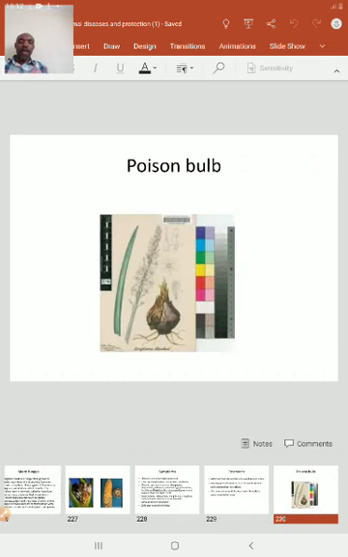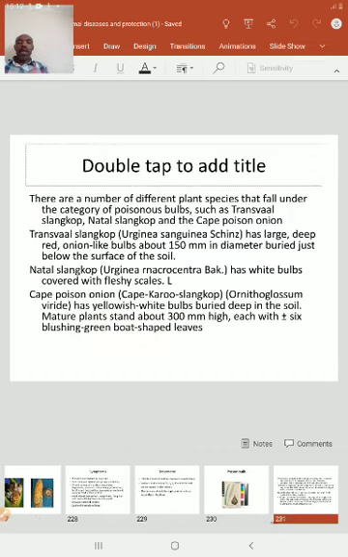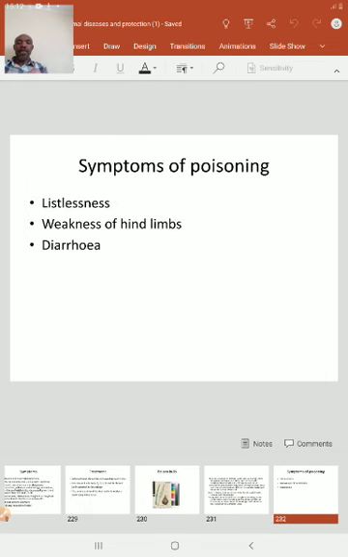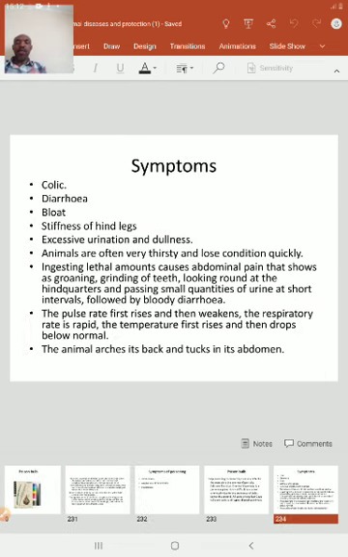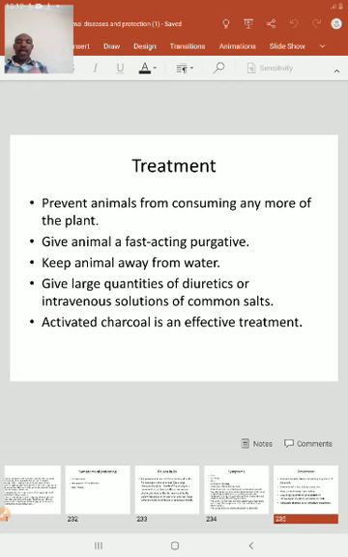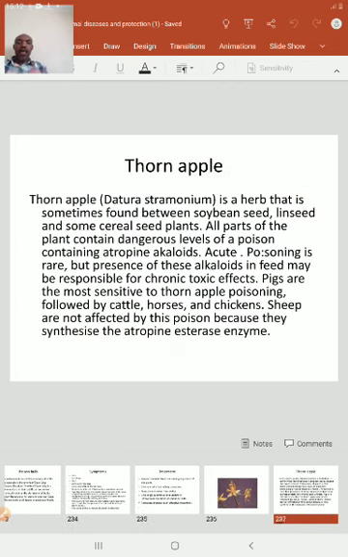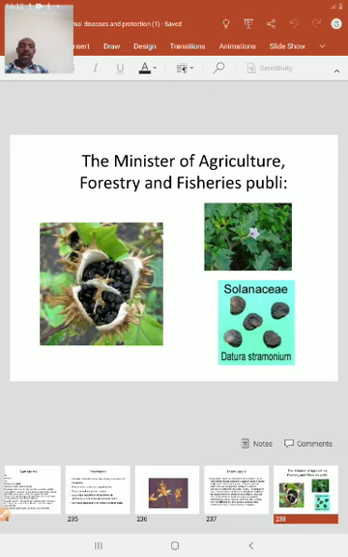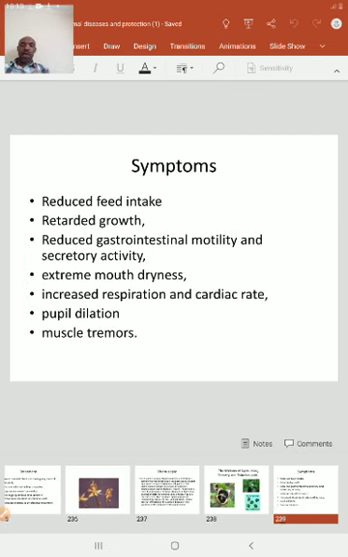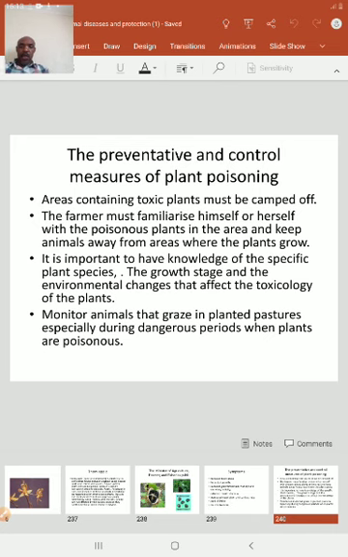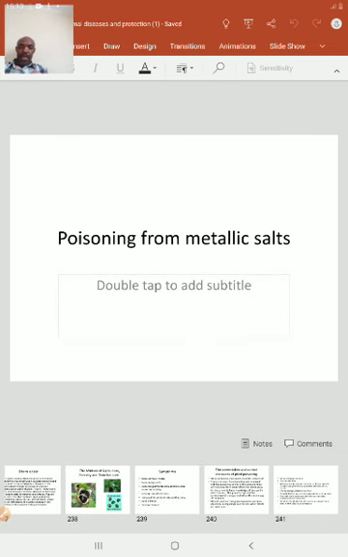The poison bulb, number two, and those are the symptoms of a poison bulb and the treatment. And then we have the thorn apple, which is this one. So we have maize fungus, poisonous bulb, and thorn apple. Those are the symptoms and how to prevent it.